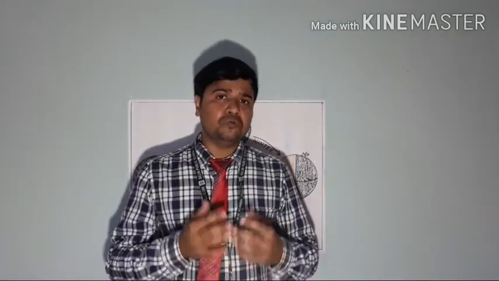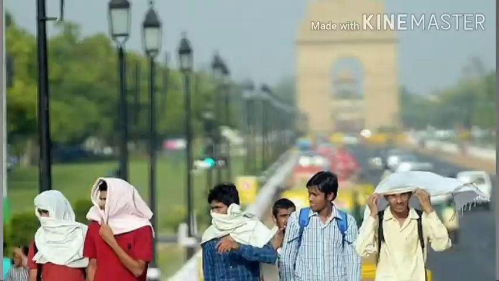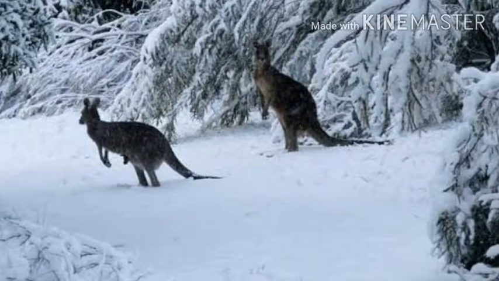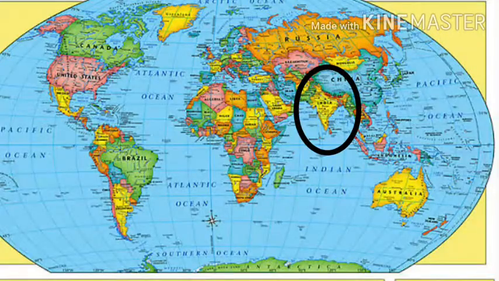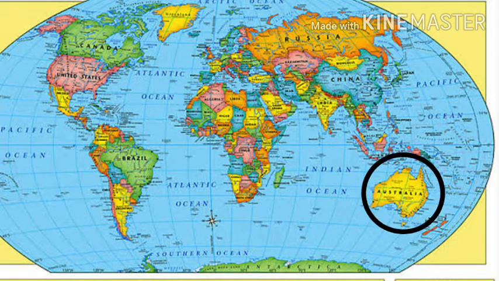Do you know when it is summer in India, at the same time it is winter in Australia? Yes, it is because India is in the northern hemisphere and Australia is in the southern hemisphere.